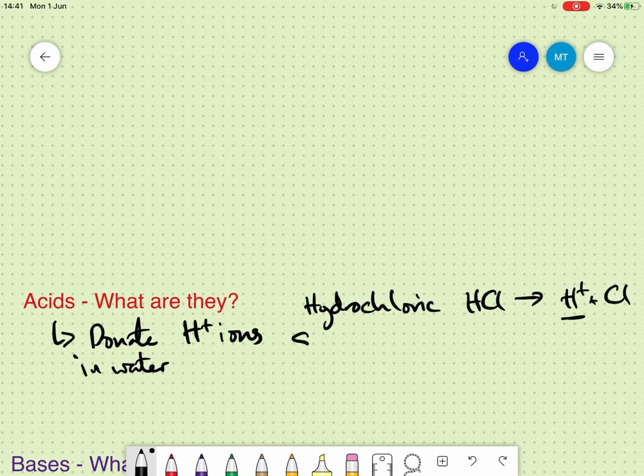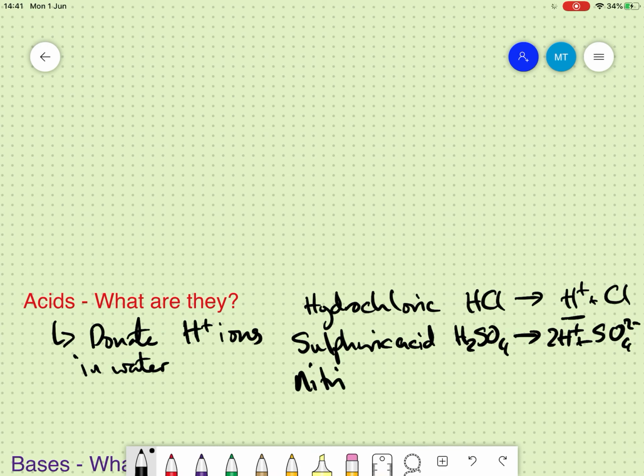The second one is sulfuric acid, which is H2SO4. In water, it separates to release 2 lots of H+ ions and an SO4 2- ion. And the last one is nitric acid. Nitric acid is HNO3.